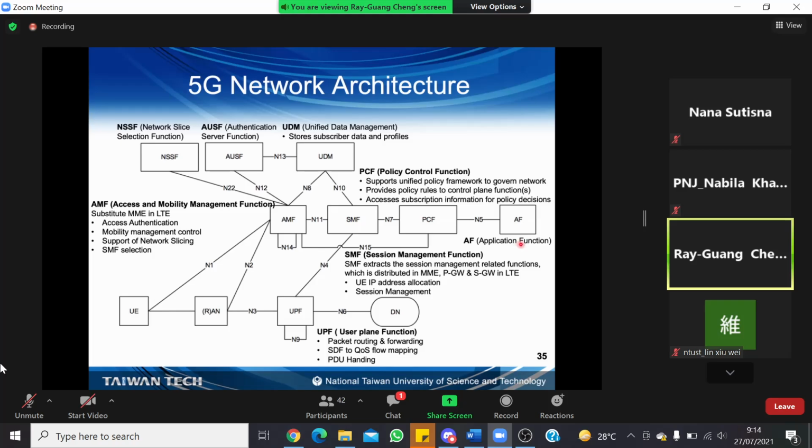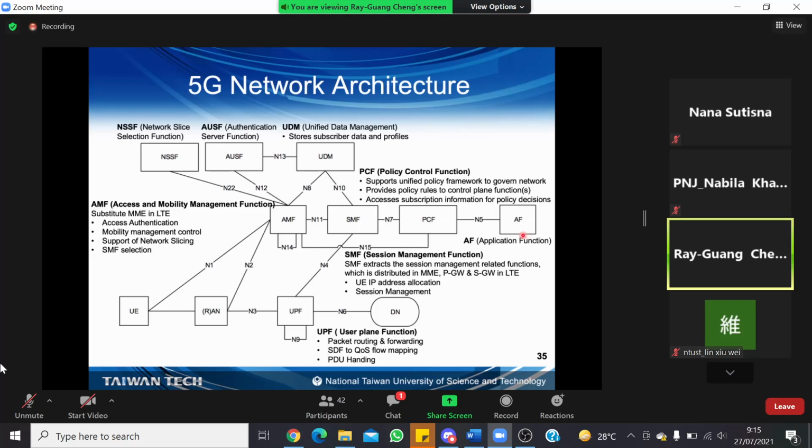Here we have another new entity. They call it the application function. The application function is outside our scope. Within this side, all the components are well defined by the 3GPP standard. For AF, this is an application function, a server provided by the user.